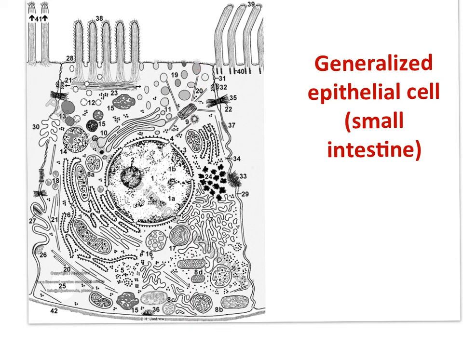Numerous mitochondria serve to provide ATP to drive active transport, actively bringing in monomers from the lumen of the intestine, monomers like glucose or amino acids.